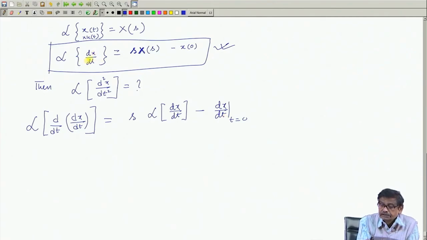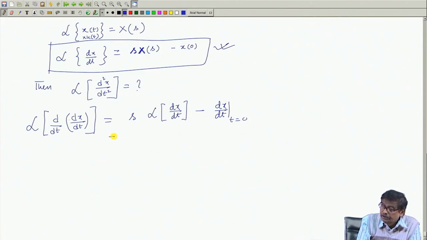By this argument, x is taken care of by dx/dt, and its Laplace transform is known. I have right now derived s X(s) minus x(0). So, d/dt of this function will be the Laplace transform of dx/dt, this one, minus the initial value of dx/dt, that is this.